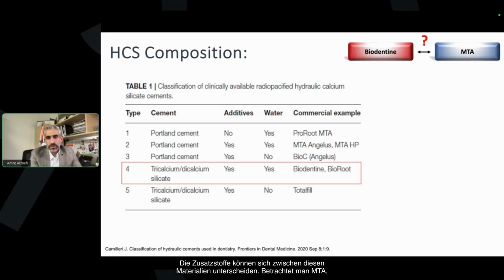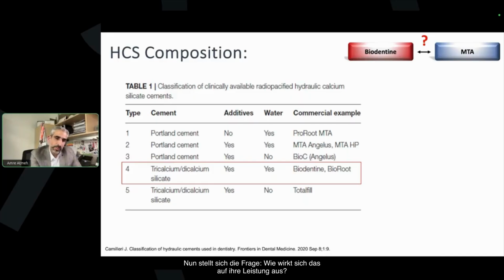we have two types in terms of composition. One type is based on Portland cement, and that is the MTA, while the other, like biodentine, is based on pure composition, which is produced in the lab. It's not produced in a factory like the Portland cement.